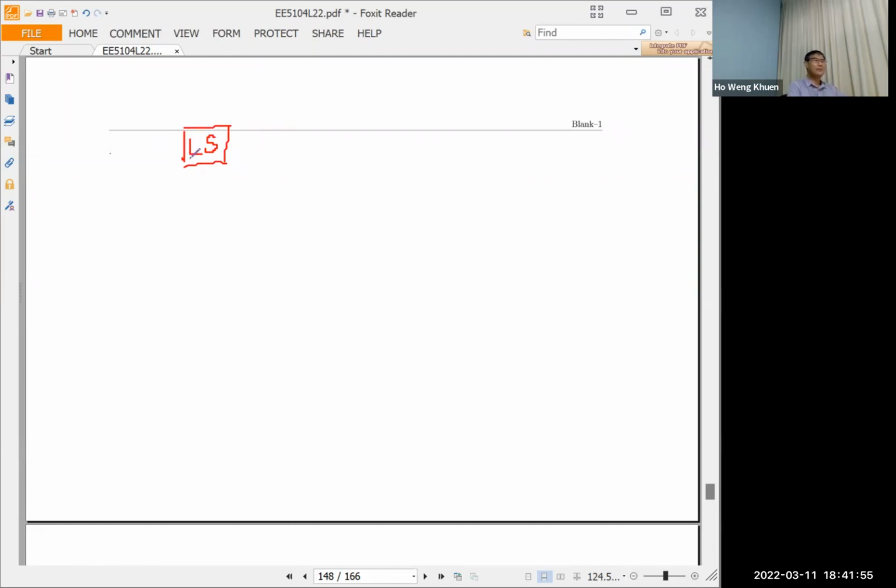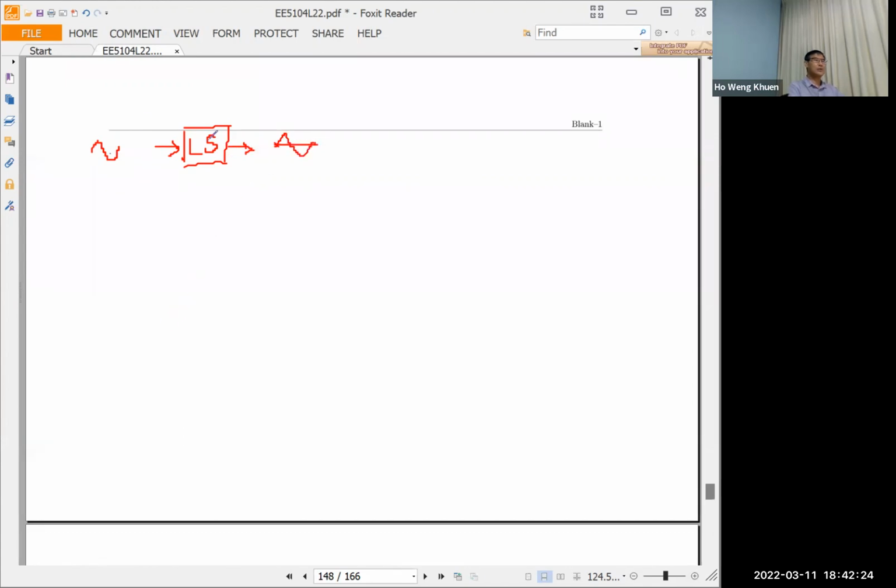They will ask you to build something, then give you a function generator and ask you to input a sine wave. Then at the output, they'll ask you to connect to an oscilloscope and look at what appears on it. Since you put in a sine wave, at the oscilloscope you also get a sine wave.